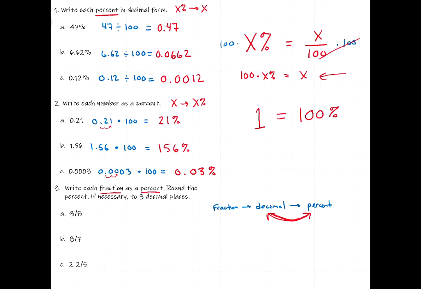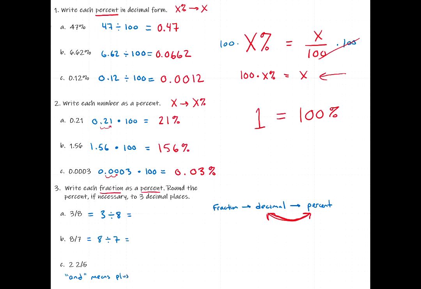Remember, fraction means division, so 3/8 is the same as saying 3 divided by 8. Now 8 over 7 is 8 divided by 7. Now this last one, 2 and 2/5. When you read a mixed number, 2 and 2/5, the word "and" means plus, means addition.